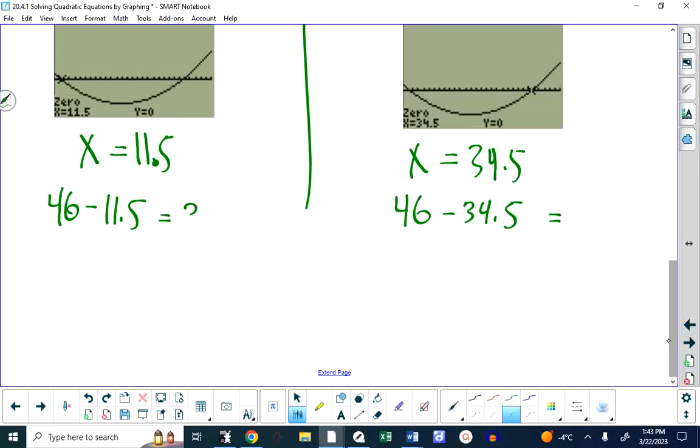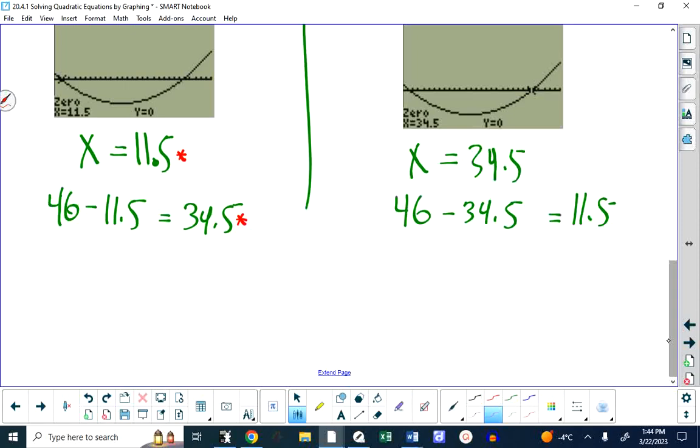You're going to get 34.5 here, and here you're going to get 11.5, okay? Which means there is, in fact, only one solution because both of these solutions give us the same result. The two numbers are 11.5 and 34.5.